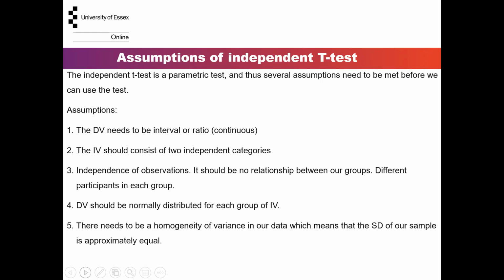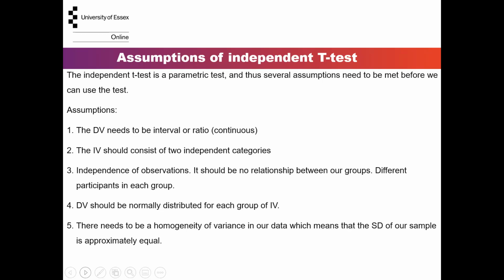Then we have that our dependent variable should be normally distributed for each group of our independent variable. And what that means, this is something we're going to check using SPSS, and I'm going to demonstrate in a bit how we're going to do that. But what we need to check is not all the data together. We want our dependent variable for each of our groups.